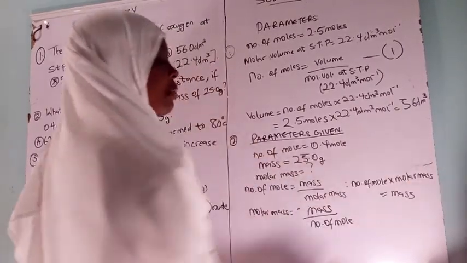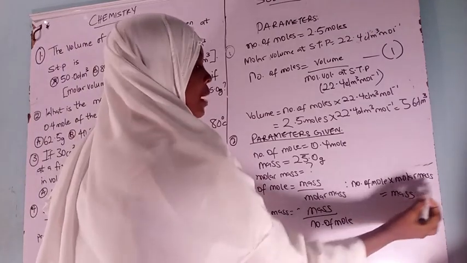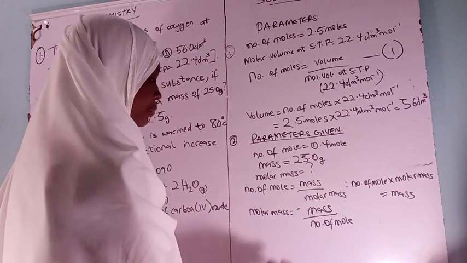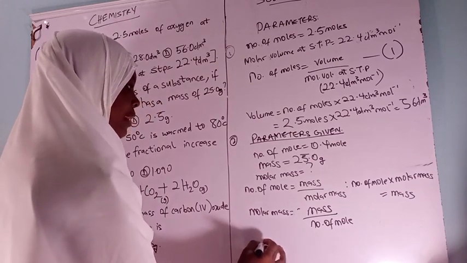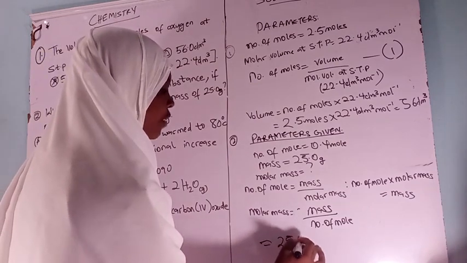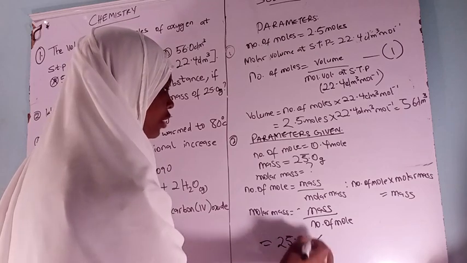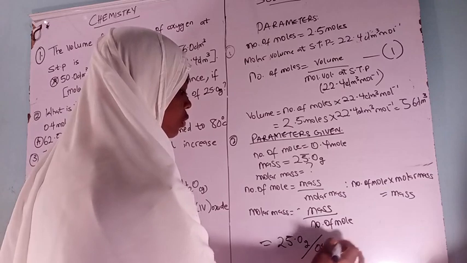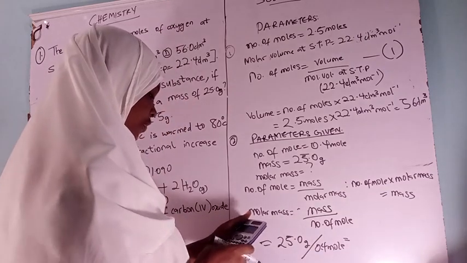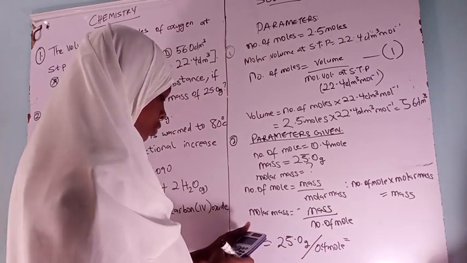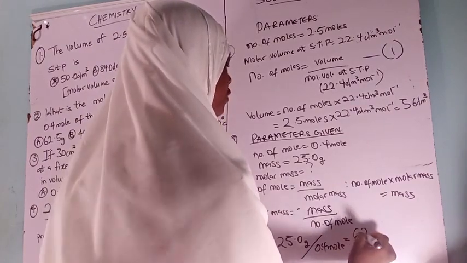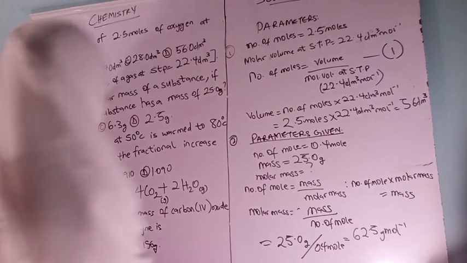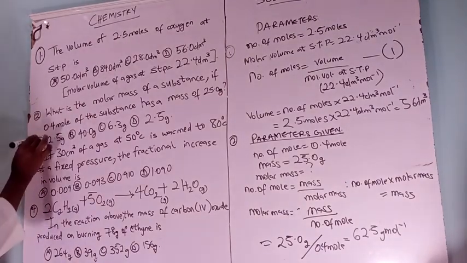I want to make molar mass the subject of formula. We then have molar mass equals mass over number of mole. Then mass equals what? 25.0 gram over number of moles is 0.4 mole. We then have 25 divided by 0.4 mole, 62.5 gram per mole. What is the answer? The answer is A.